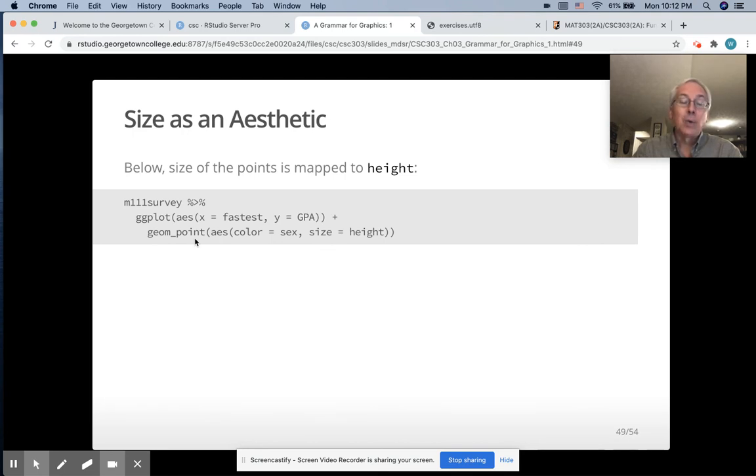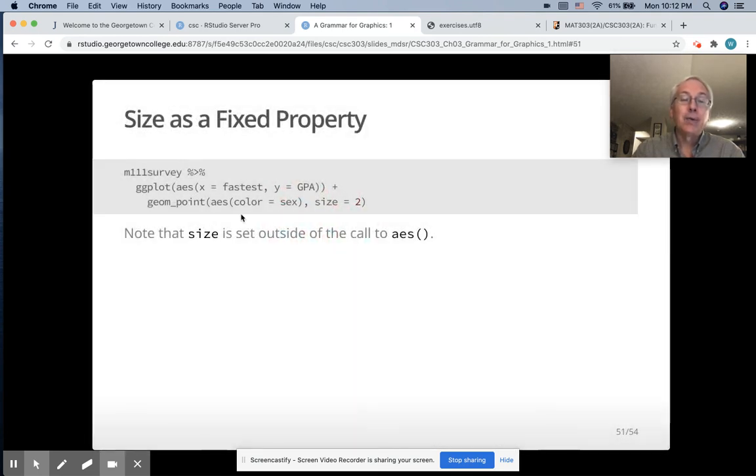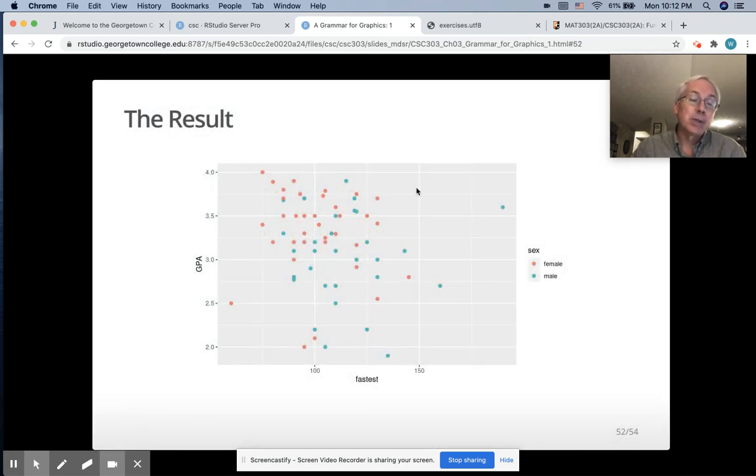But what I can do, if, for instance, I didn't want size to be related to height, is say, let's have a fixed size for my point, and I can put that outside the aesthetic command, the AES call, but still inside geom_point, and that's going to make all the points size 2. That might actually be the default size because this looks pretty familiar to us.